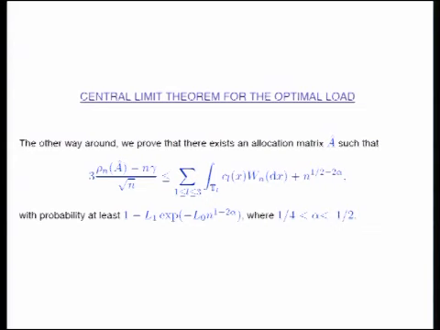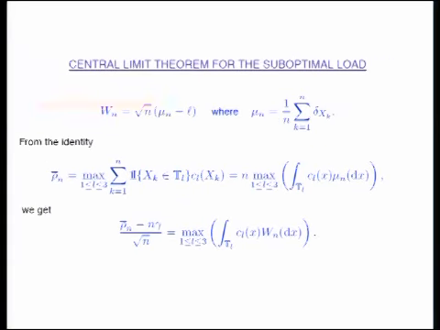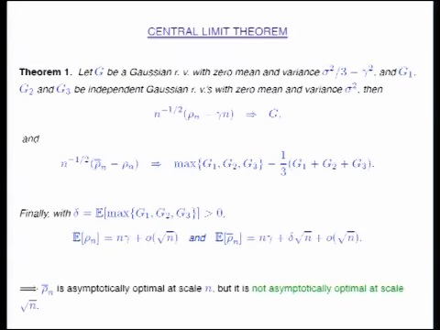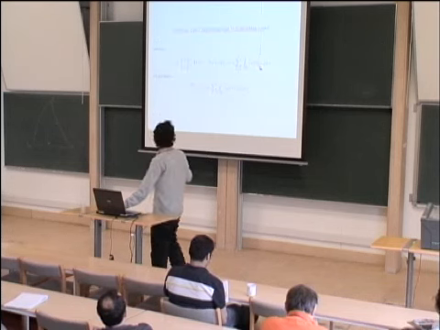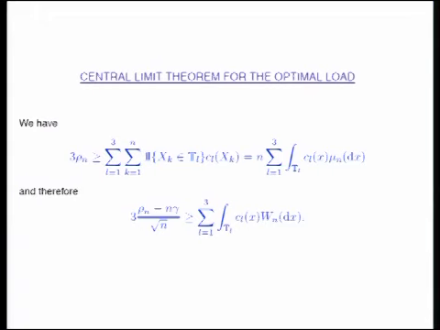And from that we will deduce this, because G is just the mean and the variance of 1/3 of that when you replace W_n by W, the Brownian bridge.